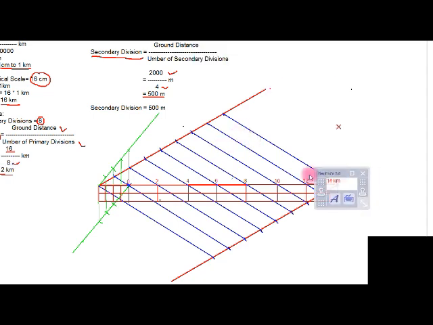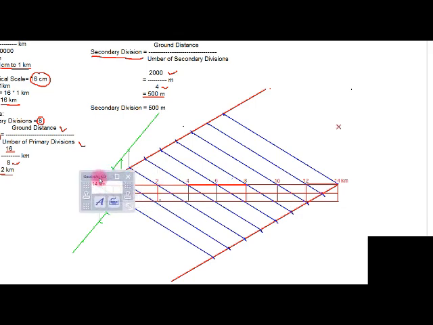So I will not put all the meters because of the space, and I'm not able to do the diagonal wording. So here 2000 meter.